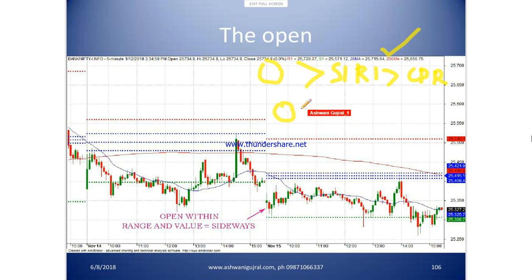If open is inside S1 R1 and inside CPR, range bound day.